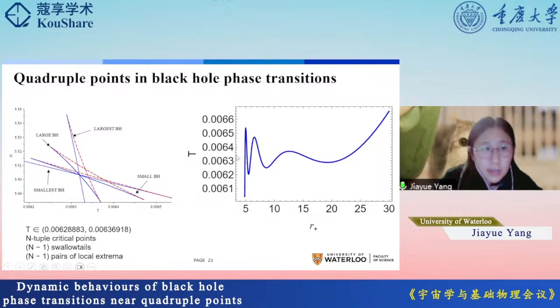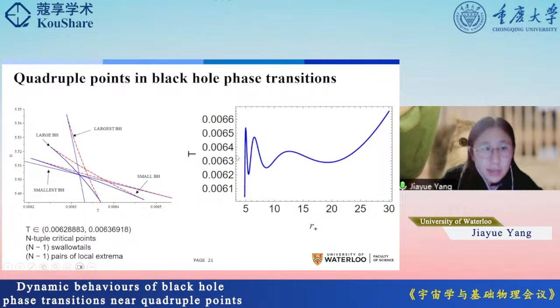So this means that at one temperature, we can find different sizes of black holes. So for these quadruple points, we have 3 swallowtails, and we have 3 pairs of local extrema in this diagram.